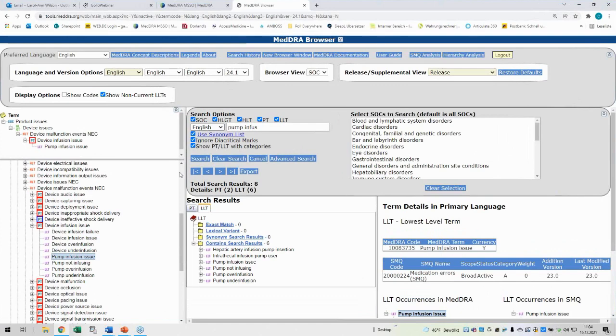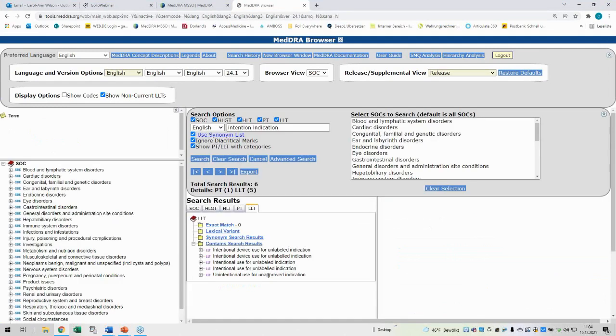When we have classified the incident, we will have to capture the specifics in addition. So let us check. It was an intentional deviation, intentional and indication. It was the wrong indication. This was one option: intentional use for unlabeled indication. So that's clear. The laxative is taken to lose weight, for an unlabeled indication.